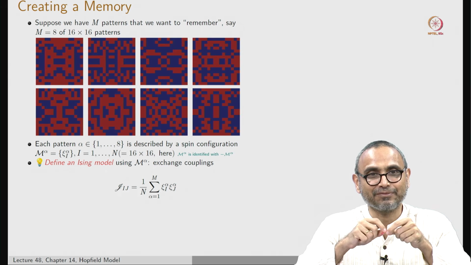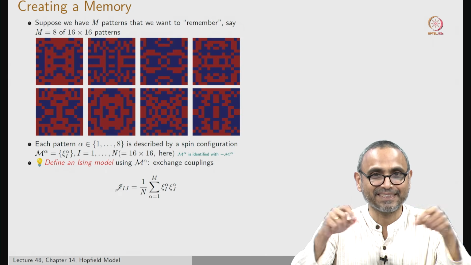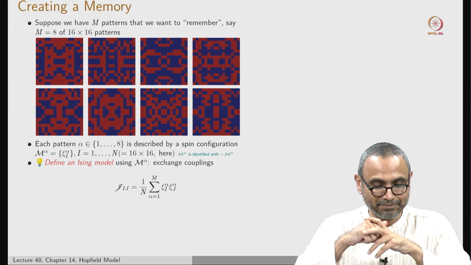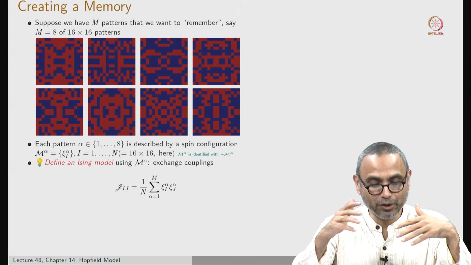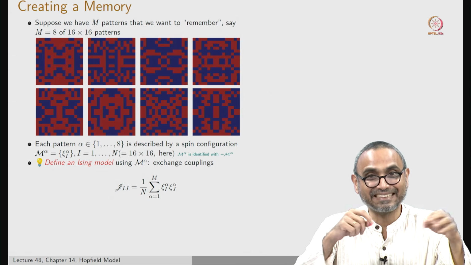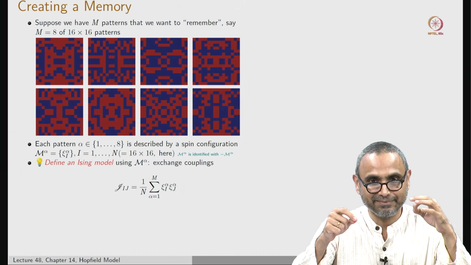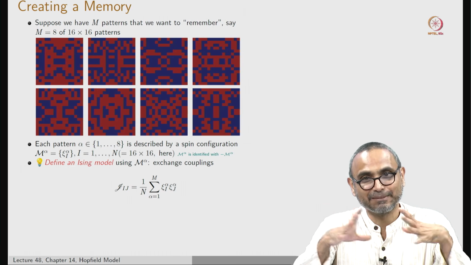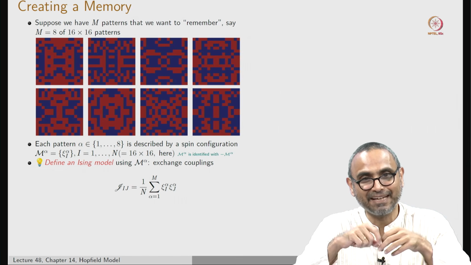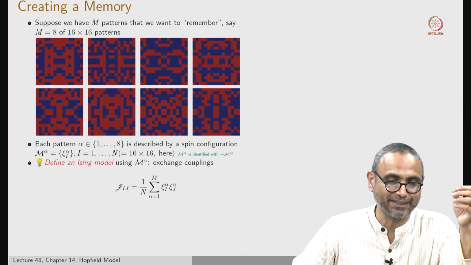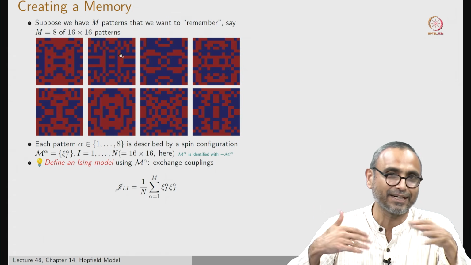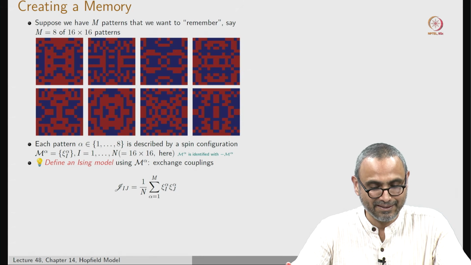So you see, I have n spins, n going from 1 to 256 in this case, and I am going to construct exchange coupling constants between them, between every 2 spins. So in this model of Ising spins, every spin interacts with everything else. So for example, this spin will interact with that, it will interact with everyone else.